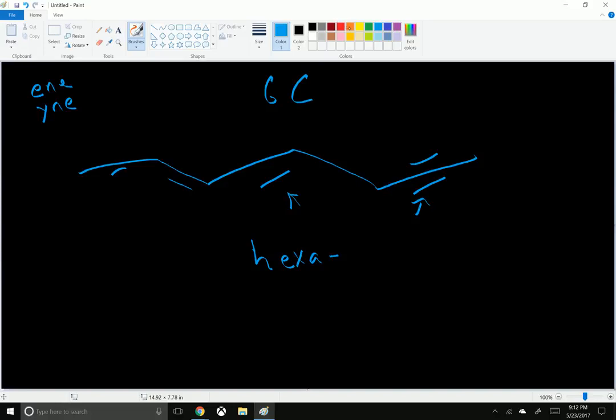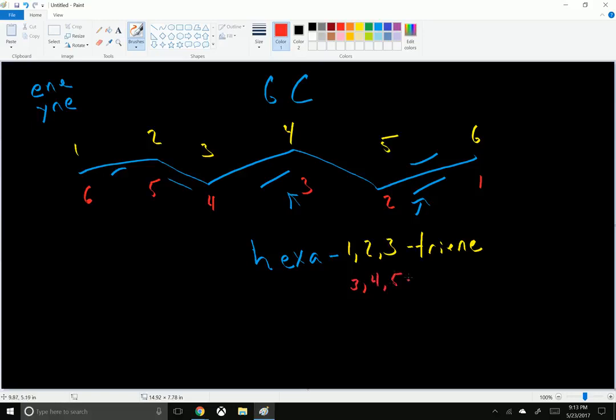But we number this. The first place that you would have a difference would be right here. It's the only place. So that would make it 1, 2, 3 triene versus 3, 4, 5 triene. So 1, 2, 3 is lower than 3, 4, 5, so the 1, 2, 3 version is correct.